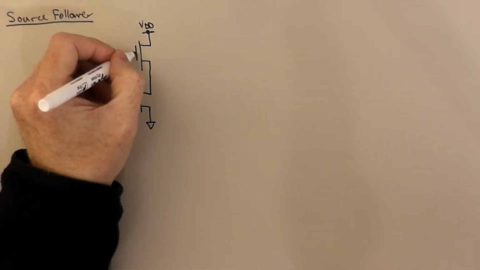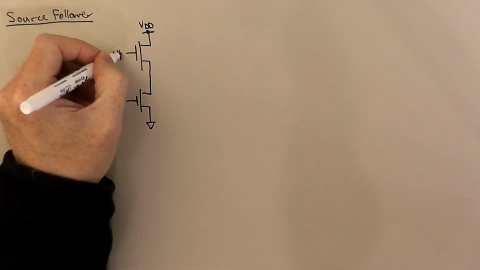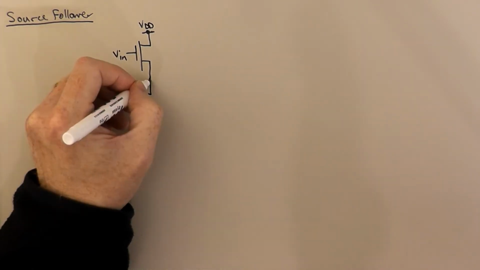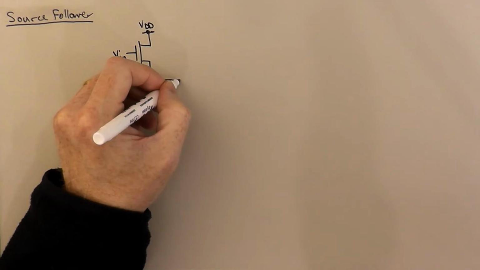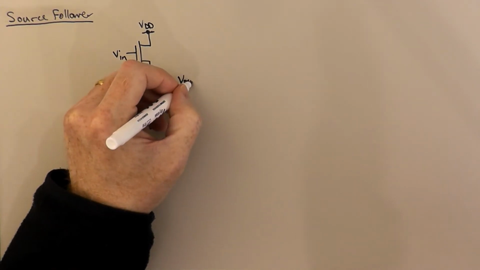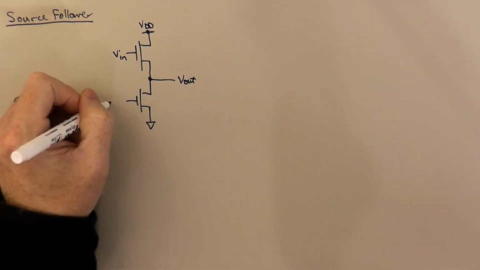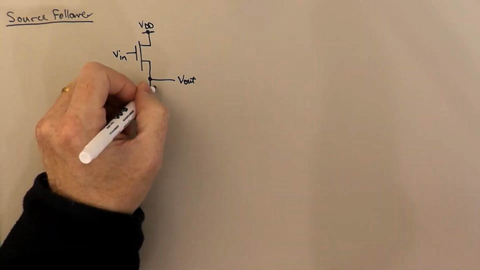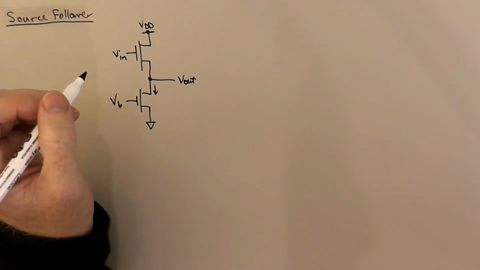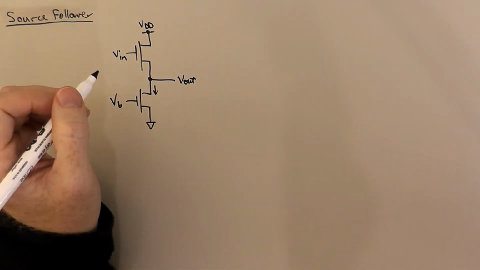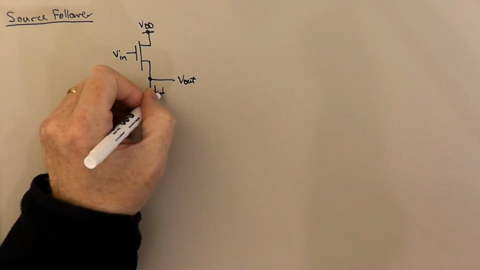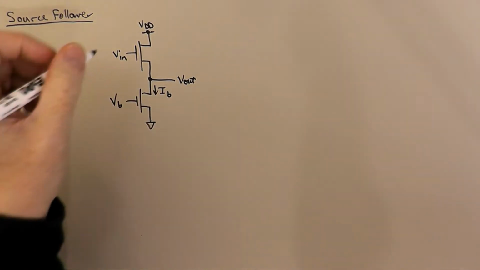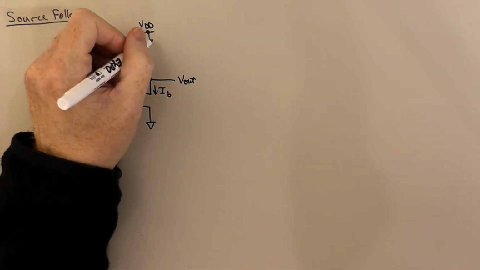The input comes in on the gate of the top transistor, and the output of this circuit is the source of the top transistor. And then the bottom transistor we're going to call the gate voltage VB. And its purpose in life is again to set up a bias current, which we'll call IB, flowing in the top transistor.